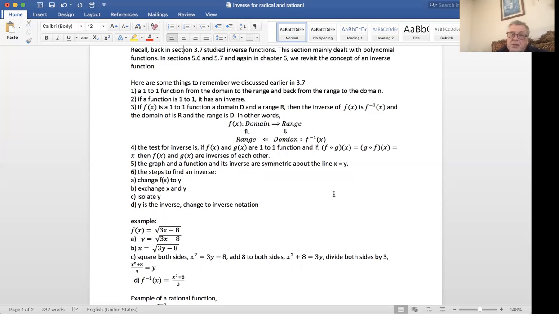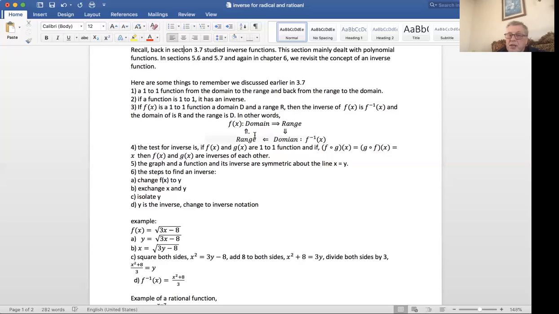If f of x is one-to-one and the domain is D and the range R, then the inverse of f of x is f inverse of x, with the minus 1 in the superscript. The domain for that is the range of the original function. So the domain for f inverse of x is R, and the range for f inverse of x is the original function's domain, D.